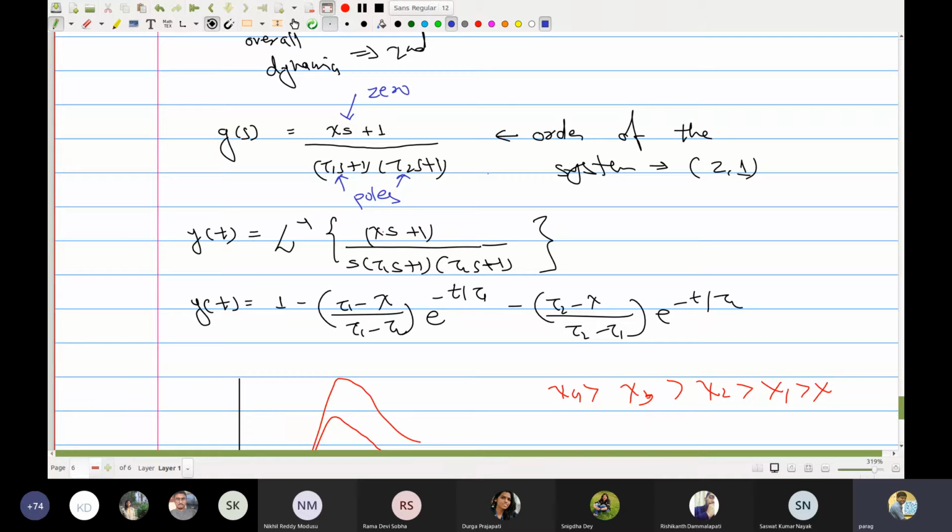Now, if you want to make it faster, you need to add more and more zeros and higher magnitudes of the coefficients of s, and you will get a response which is enthusiastic. Sometimes it can as well become over enthusiastic, so you may overshoot the desired step function. Okay, so this was the effect of zeros and poles in your system.